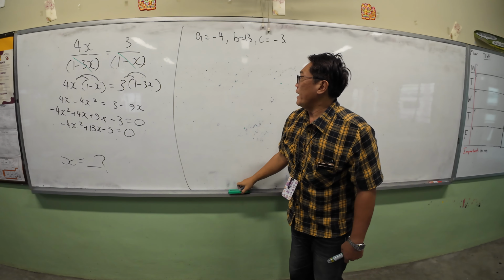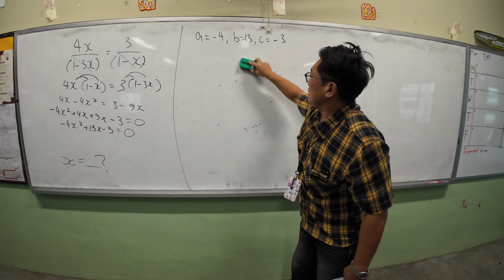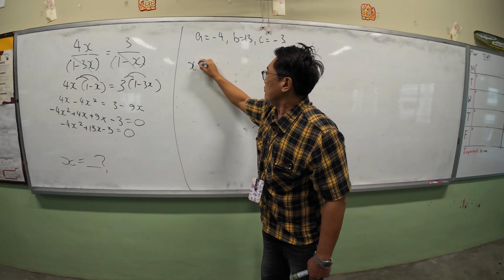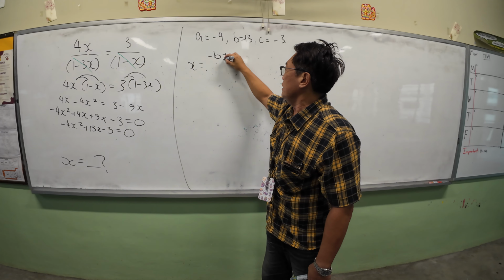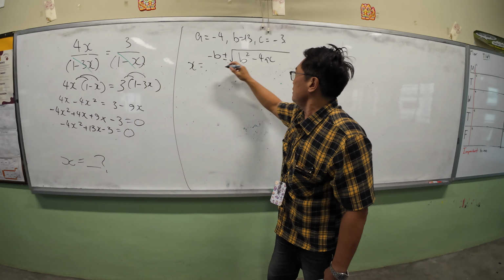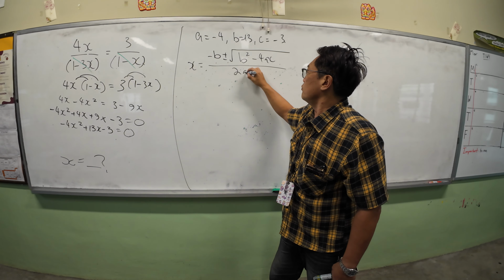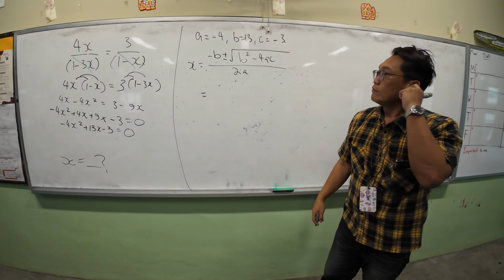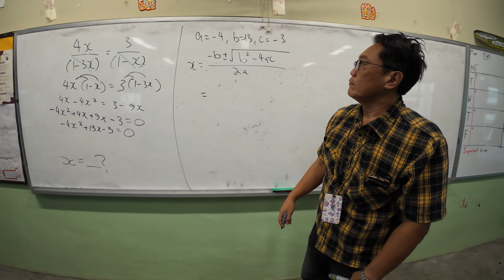Okay? Then the solving part is something that you all have done quite a lot of time already. Write down your x equals to negative b plus minus square root b squared minus 4ac over 2a. Okay?